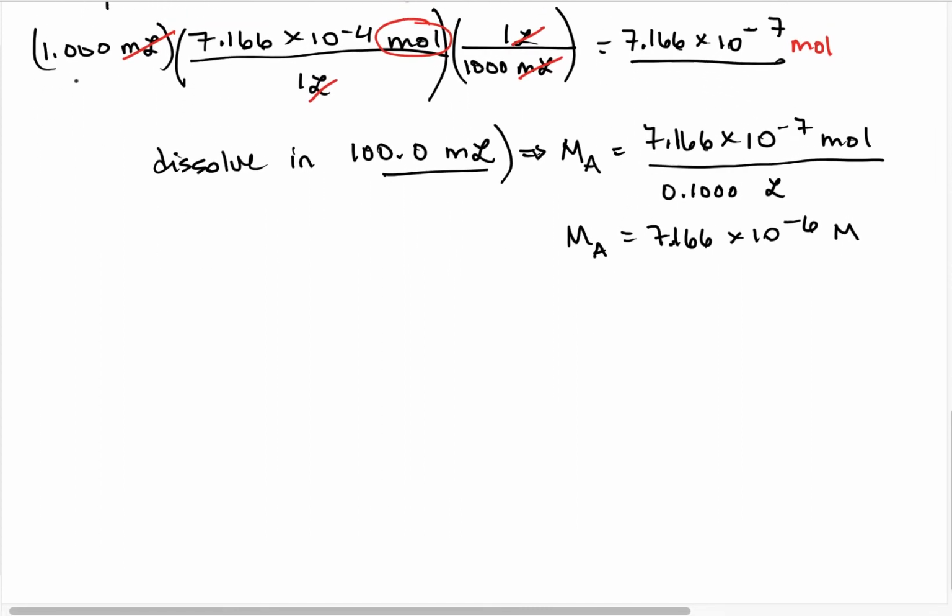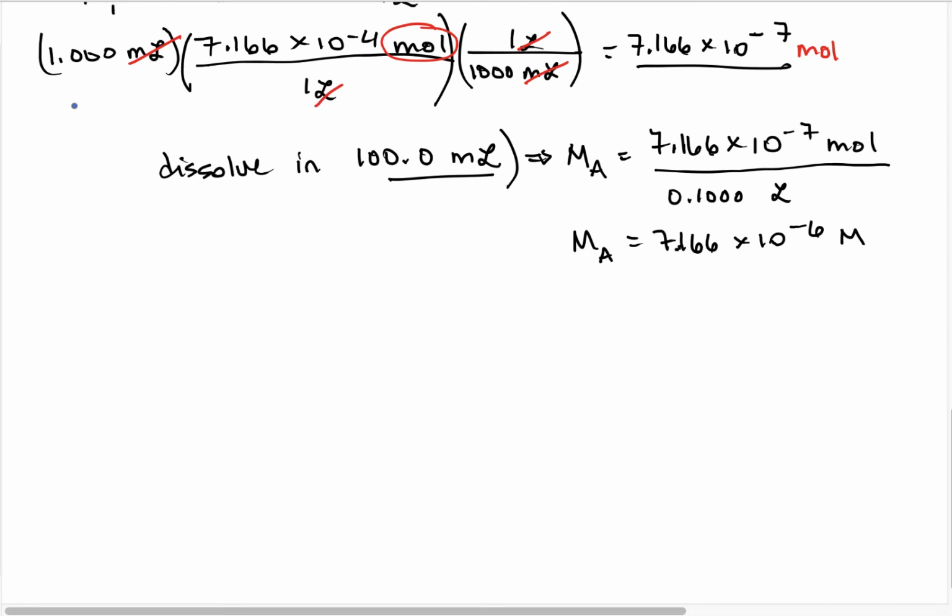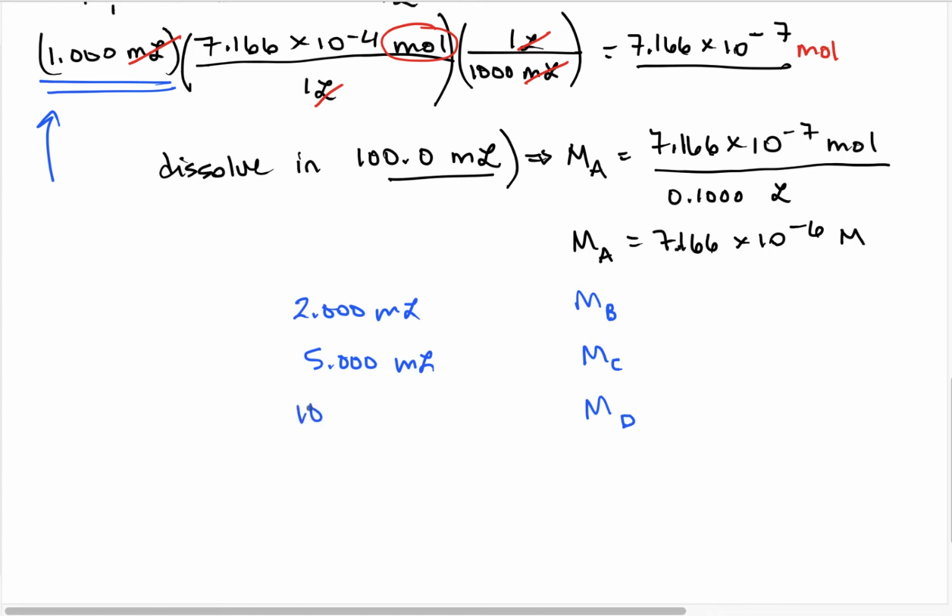So go ahead and take a minute here and figure out what the other 3 concentrations are, where we take 2 milliliters of our stock solution, 5 milliliters of our stock solution, and 10 milliliters of our stock solution. And go ahead and calculate these 3 concentrations.